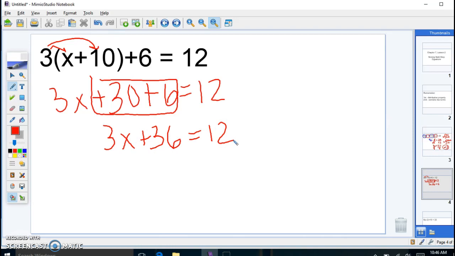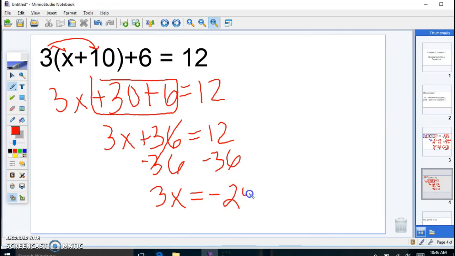My goal is to get the variable all by itself, so I have to undo the addition first. The inverse of addition is subtraction, so we're going to subtract 36 from both sides. This cancels and leaves me with 3x. 12 minus 36. Again, feel free to use your calculator on this. 12 minus 36 is negative 24.